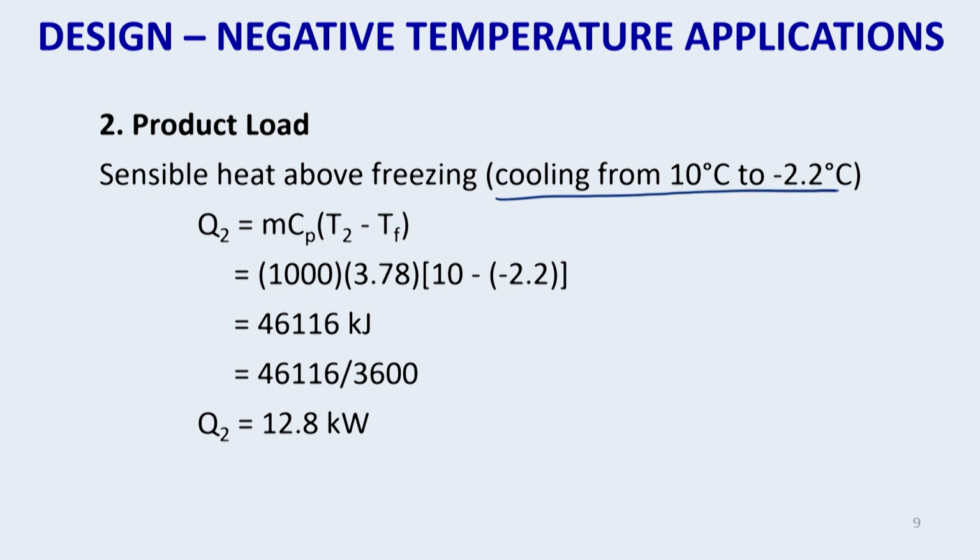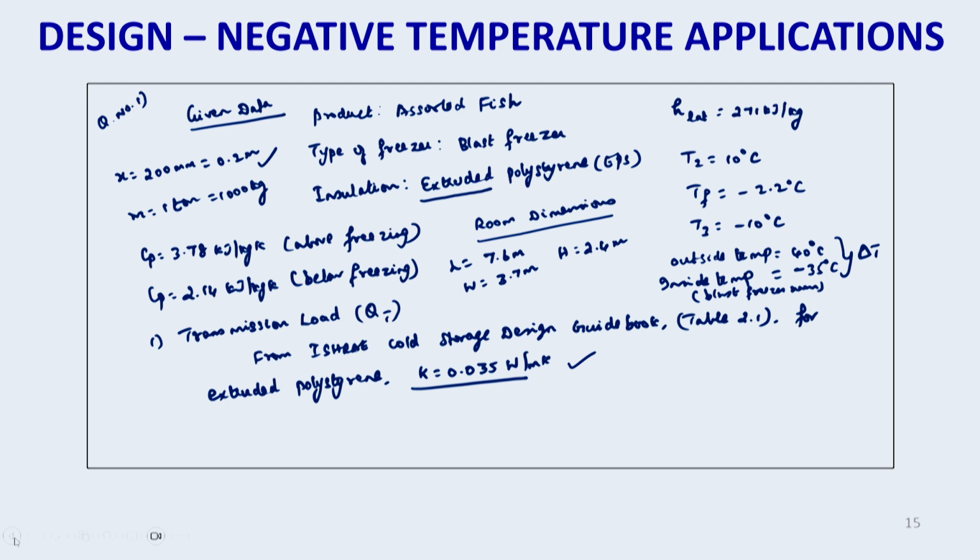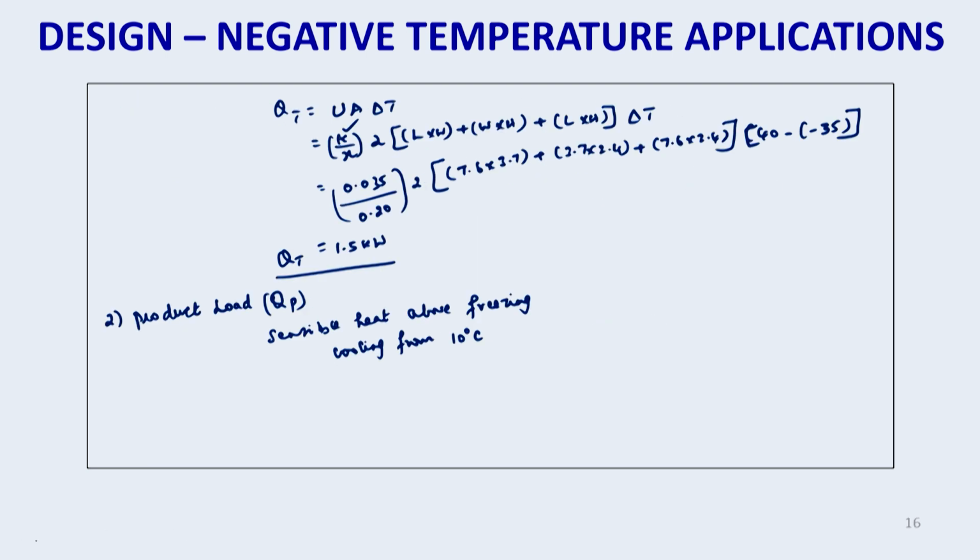Cooling from 10 to minus 2.2, sensible heat above freezing. That is cooling from 10 degree centigrade, T2, to TF, minus 2.2 degree centigrade.